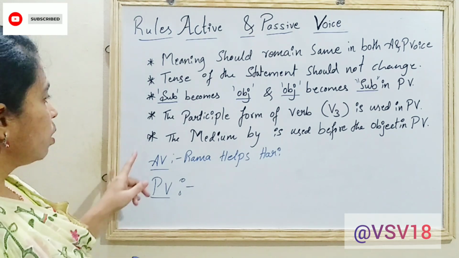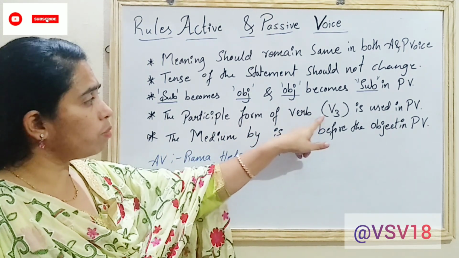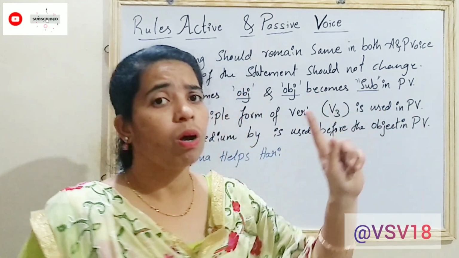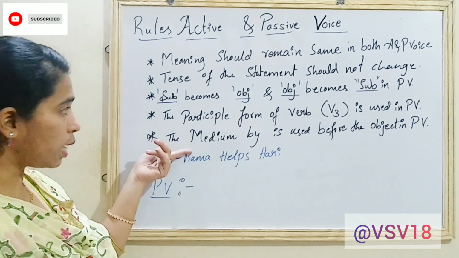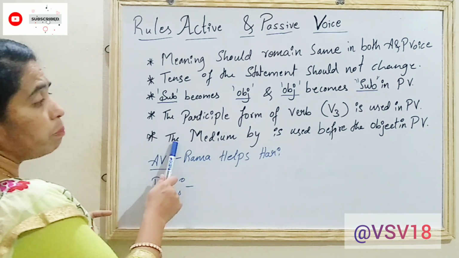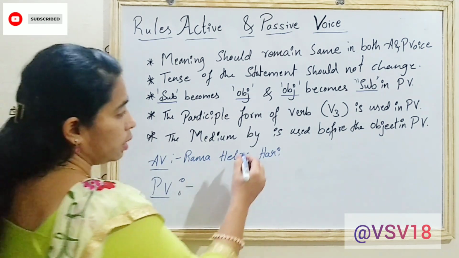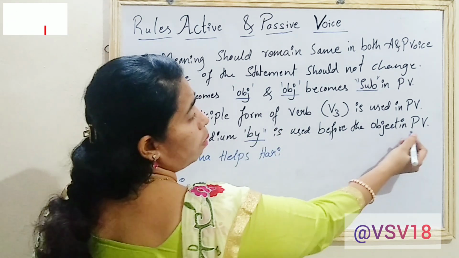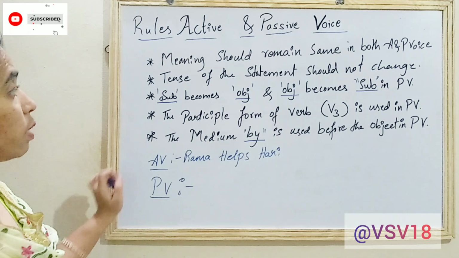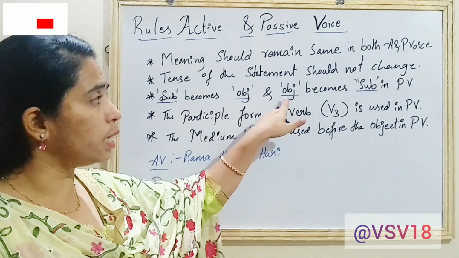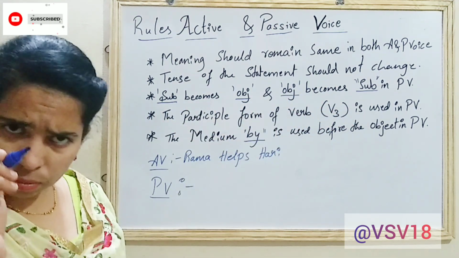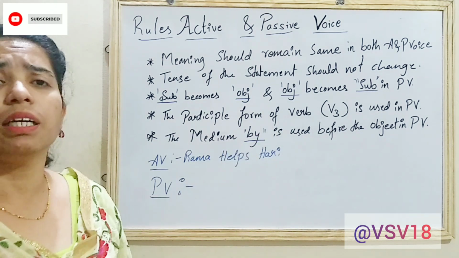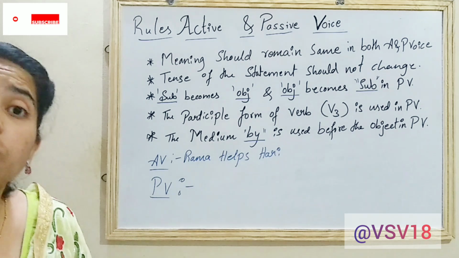The V3 form of the verb is the participle form which is used in passive voice. Next comes the last rule, the medium by. The medium by is used before the object in passive. The subject, which will become the object here, is changed. Before that we use the medium by in passive voice.